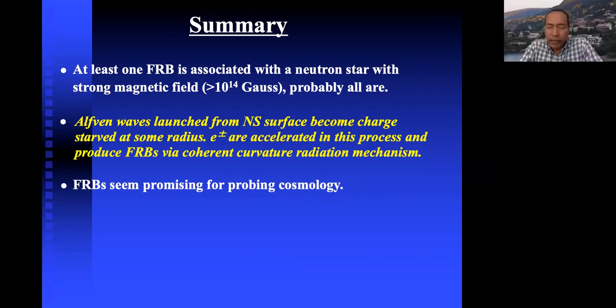All right, so let's take the stellar mass binary black hole. The problem is it will not work, and let me tell you why. If it is just a binary black hole, and no accretion disk, no plasma, then there is no mechanism to produce any electromagnetic radiation. So you need plasma and you need a strong magnetic field.